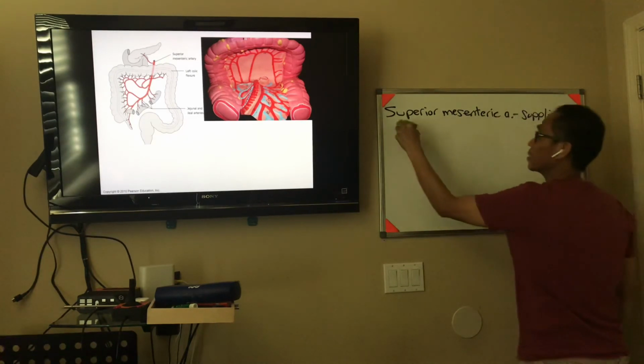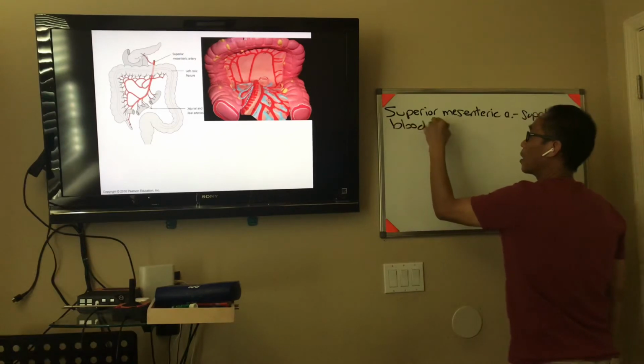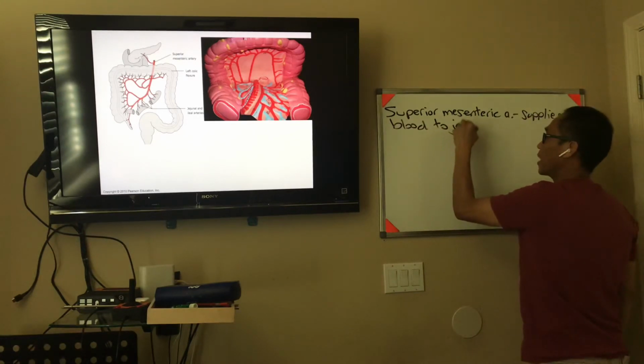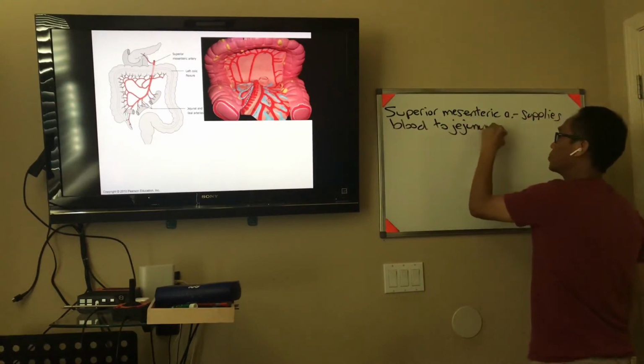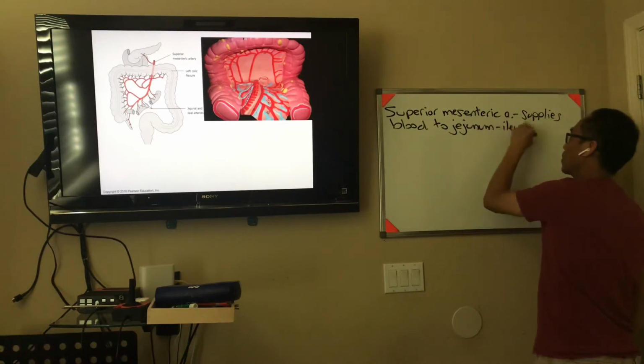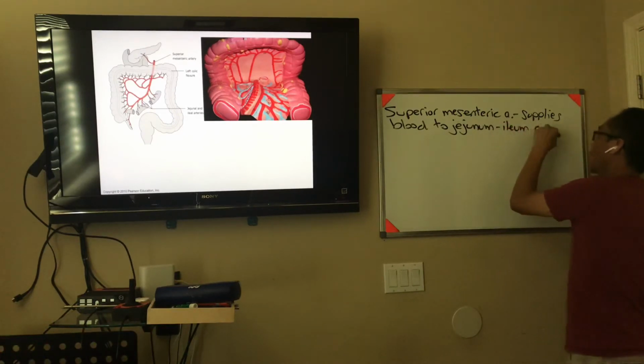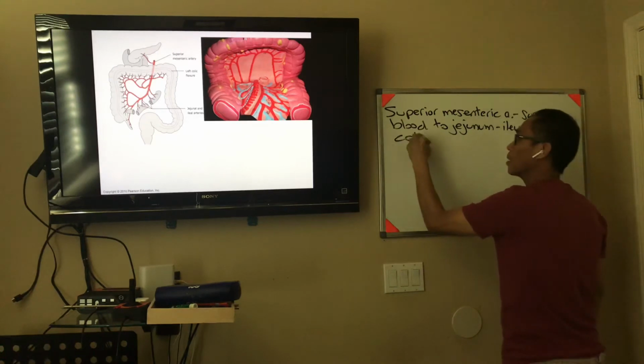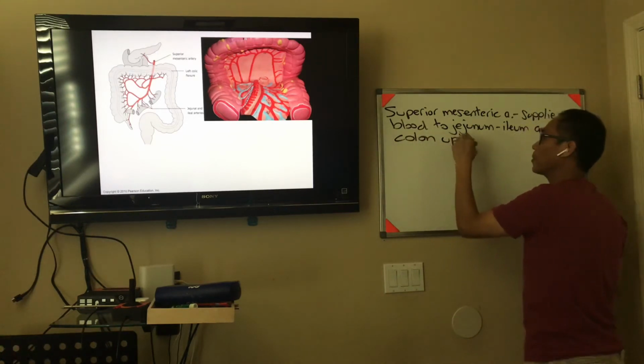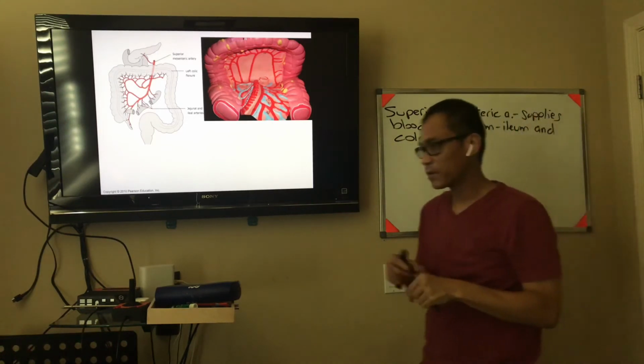Supplies blood to jejunum, ileum, and colon up to left colic flexure.